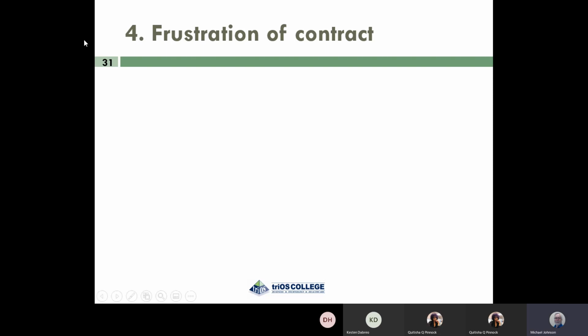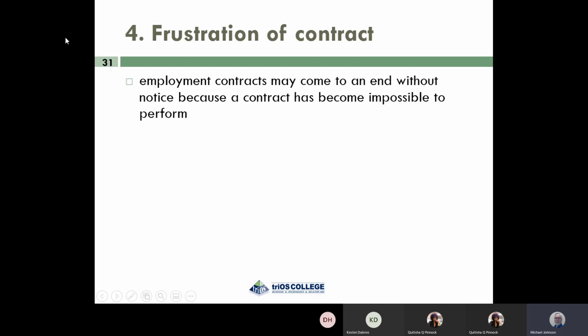Frustration of a contract is when neither party can live up to it. Perhaps you can't get into work, and perhaps the company just can't wait for 6 months until you figure out how to get to work. COVID-19 right now is creating a lot of frustration.